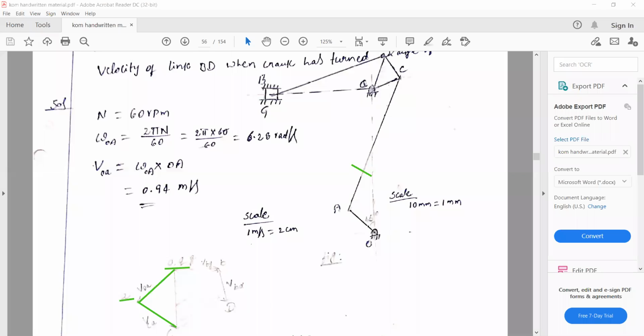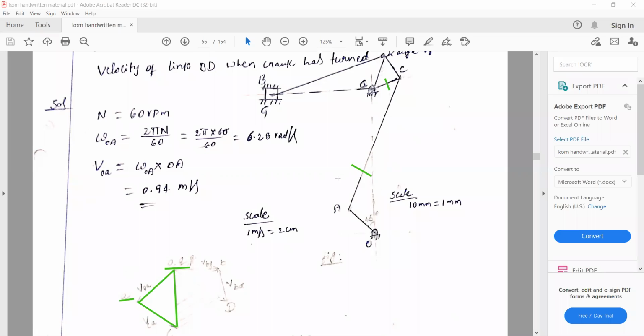And now QC and QD. The QC perpendicular is this one, so just draw it. That is the perpendicular of QC and CD.